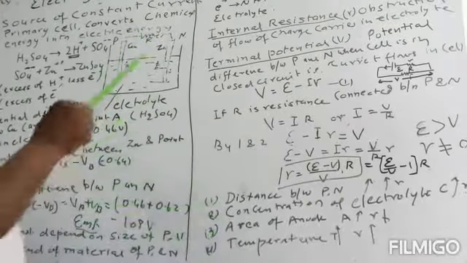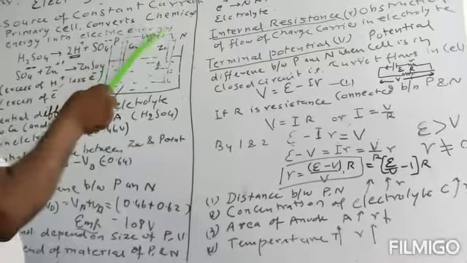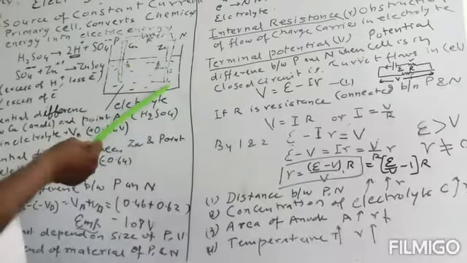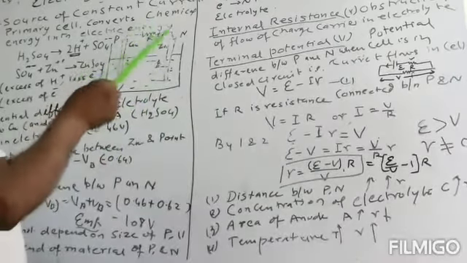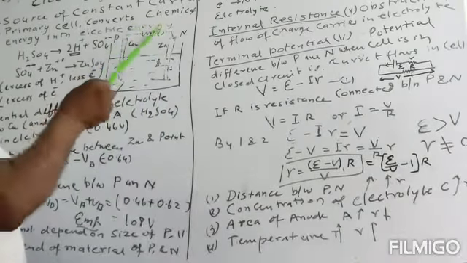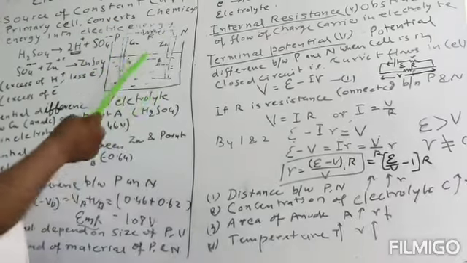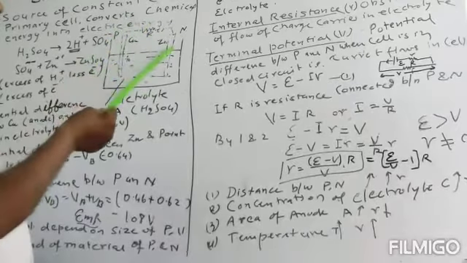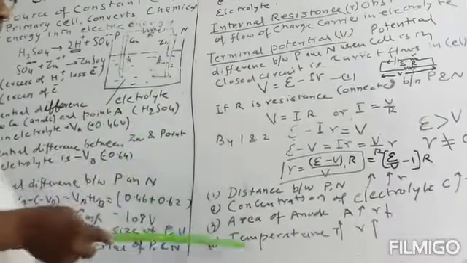If we vary the resistance, we are varying the current, because EMF is constant. So if we increase the resistance here, then the current will be less. So there will be an effect of this resistance or the current on the internal resistance of the cell.